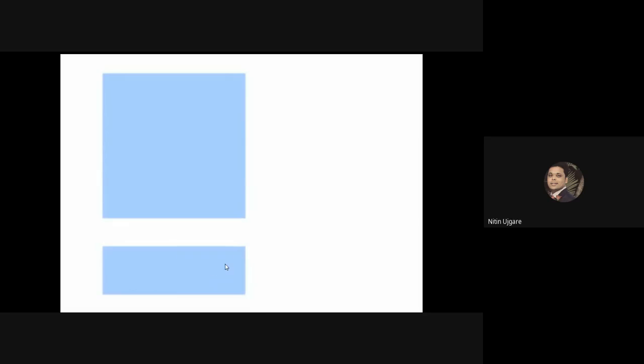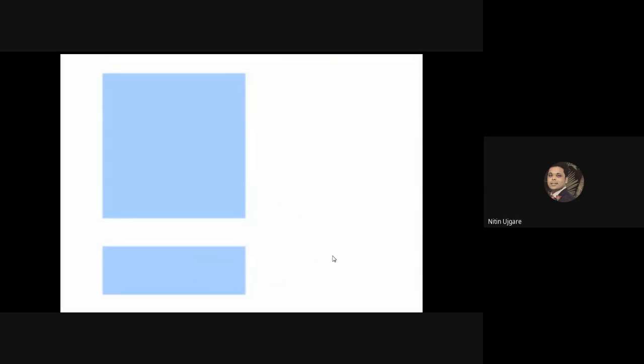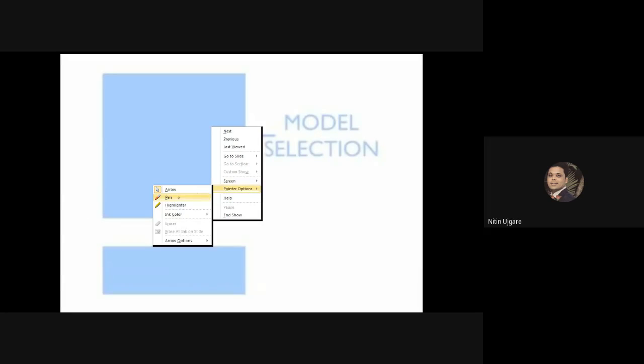Remember, this is very important, otherwise you will get confused about whatever you have learned so far. I am taking my original data again and splitting it into two parts. The first part is used for model selection.